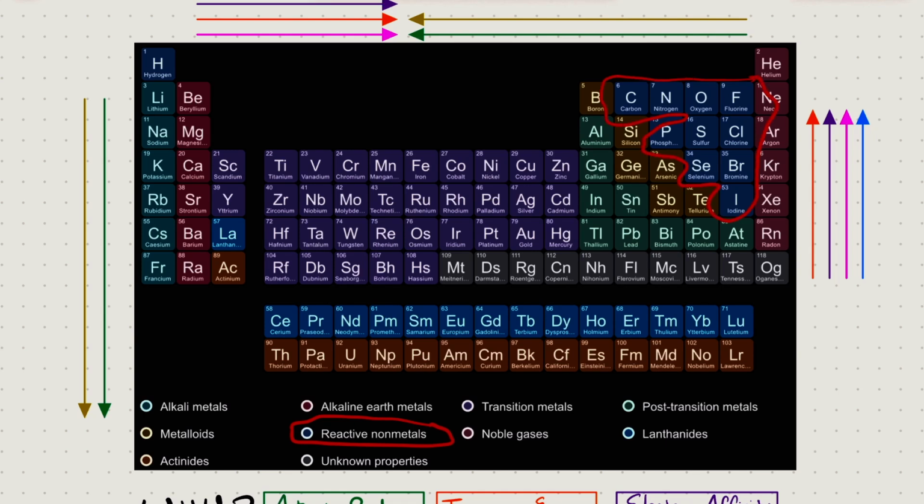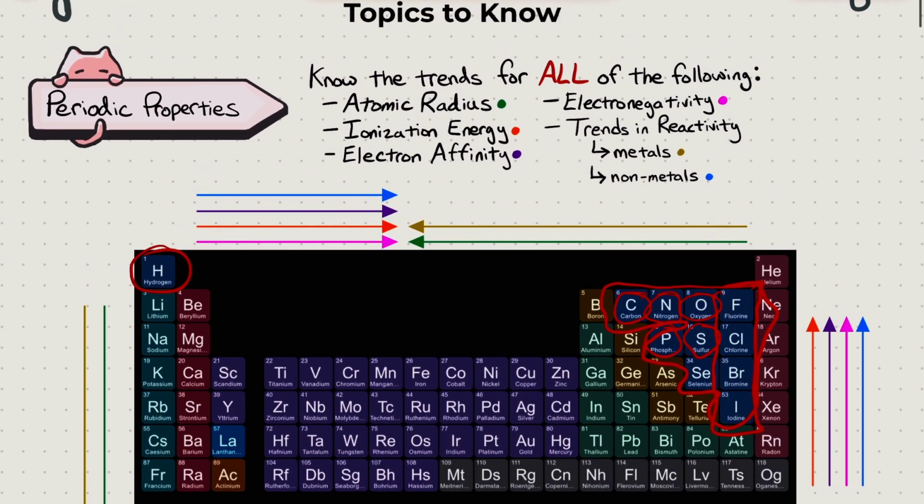You work primarily in a lot of these elements, a lot in carbon, a lot in nitrogen, oxygen, a lot of the halogens here, these four primarily. Sometimes you work in sulfur, sometimes phosphorus, hydrogen a lot.